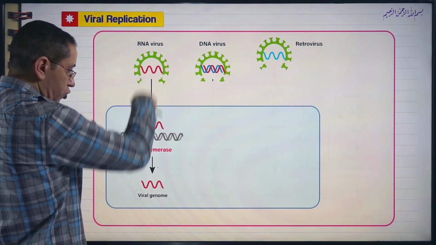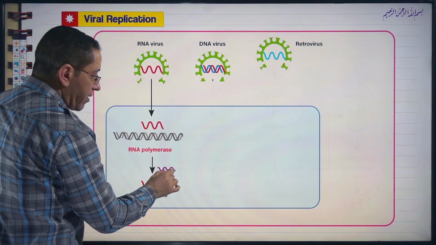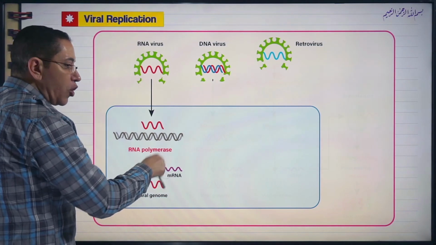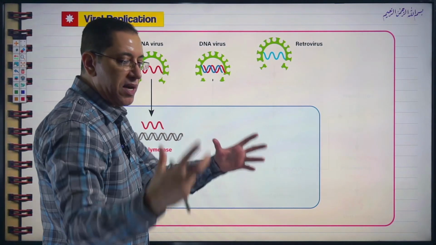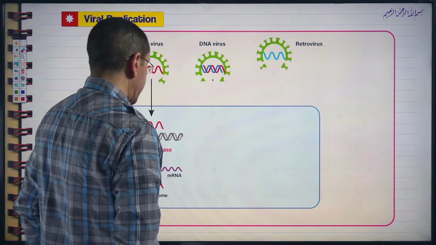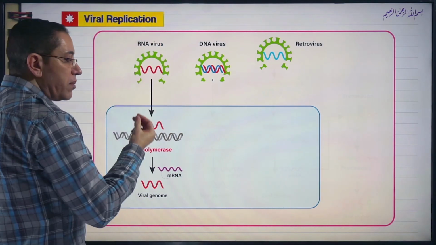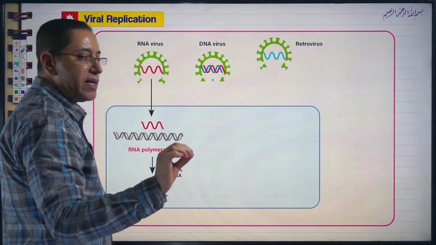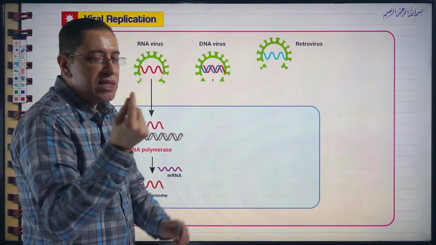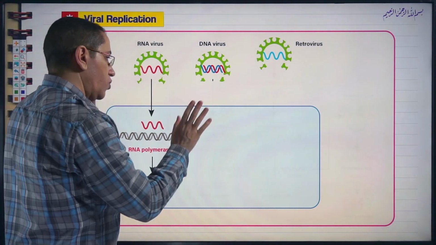Then it makes a messenger RNA to order the ribosome to synthesize all the proteins it needs, as we explained in the previous slide. Thus, we have no problems with the RNA virus. All it takes is an enzyme called RNA polymerase. This is the principal enzyme that the virus needs.